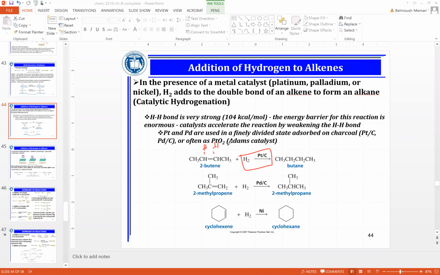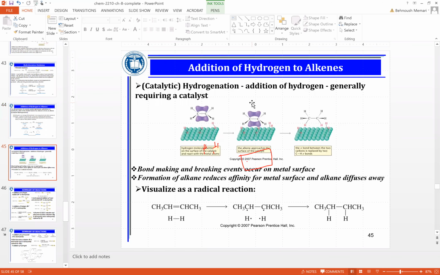In this case, it's actually a syn addition, because addition of hydrogen happens at the surface of the catalyst. So when you use a solid catalyst here, the H2 would attach to the surface of the catalyst that you're using. And then the carbon-carbon double bond comes and acts at the surface. So hydrogen would add to the first carbon, kind of opens the bond, and then the second hydrogen attaches from the same side because they are already embedded on the surface of the catalyst.